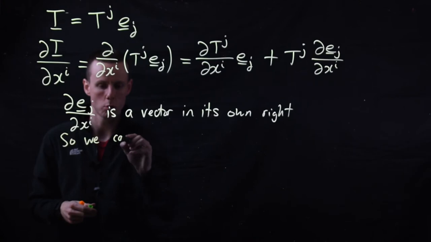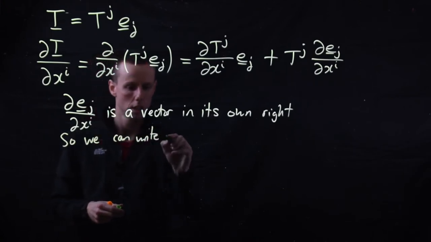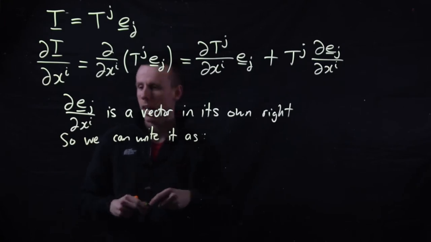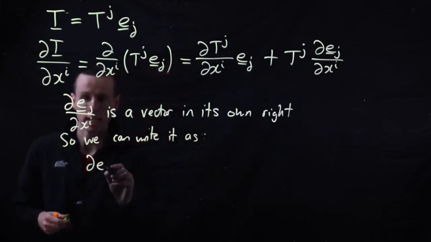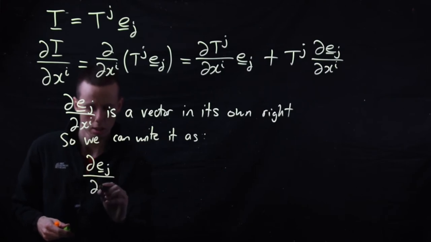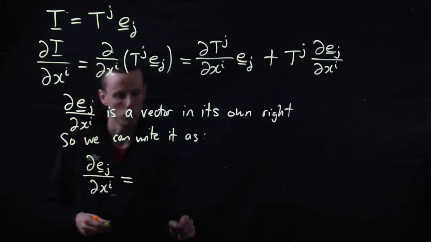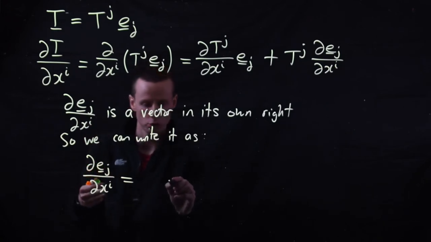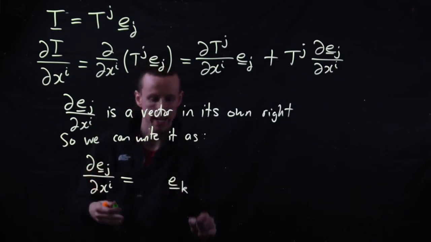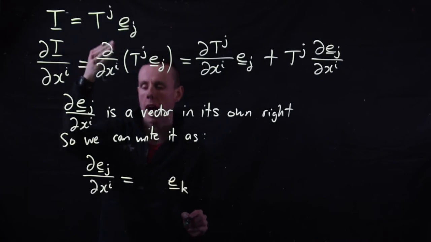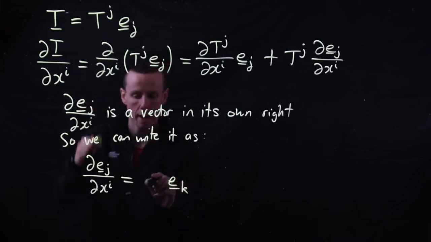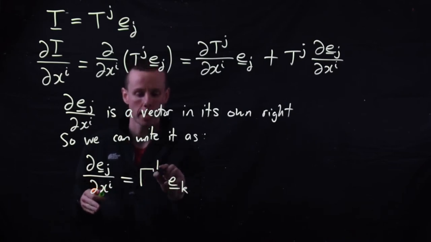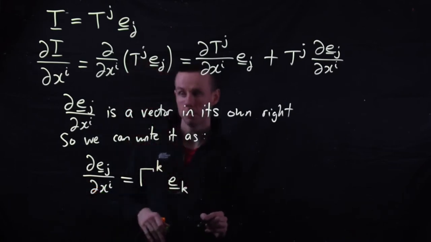So we can write it as follows: dej by dxi equals, so we'll have some basis vectors, and we need to use a new letter k, and then the components, I am going to use the symbol capital gamma to denote them, so I'm going to put a gamma with a capital K here.